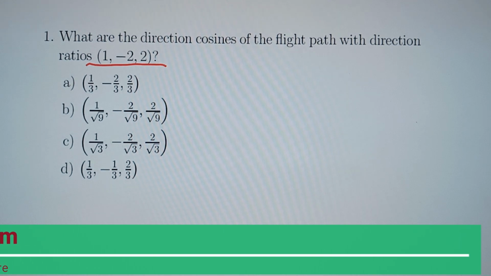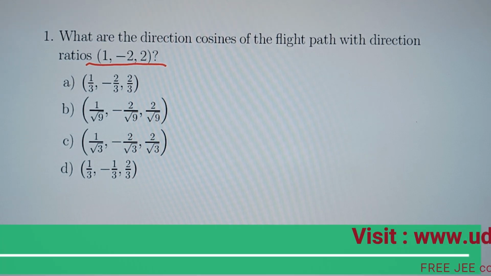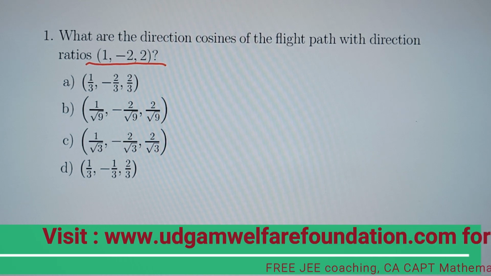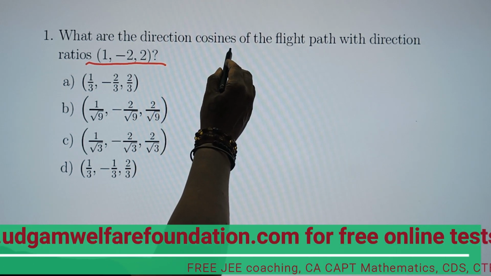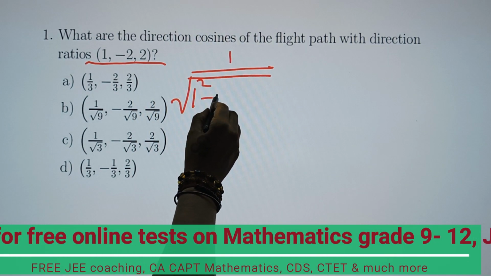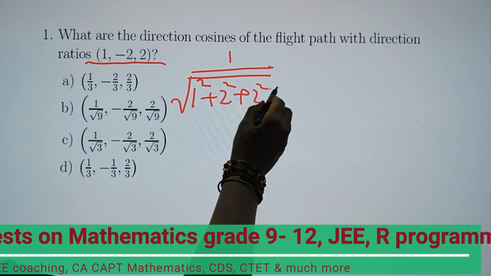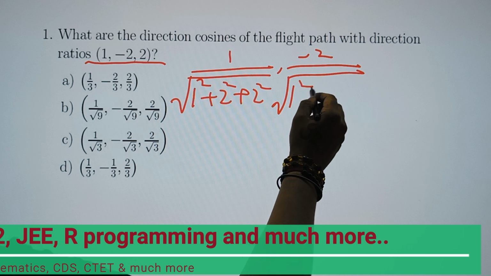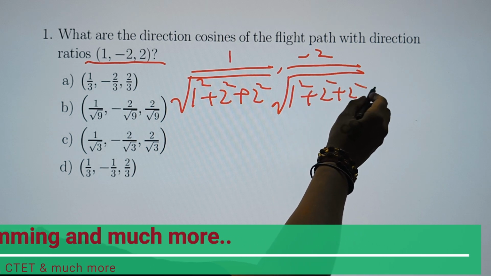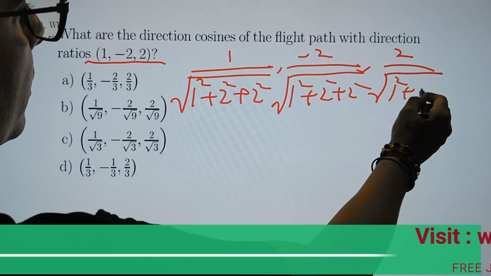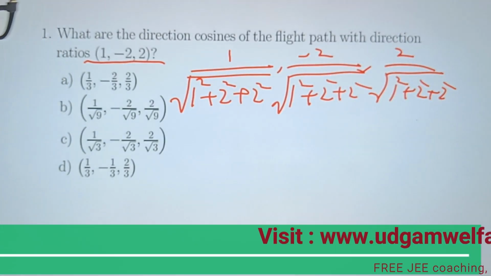As we have discussed in our previous case study, and also mentioned this formula in the present case study, we can easily find it using this formula: 1 over root over 1 square plus 2 square plus 2 square, similarly minus 2 over root over 1 square plus 2 square plus 2 square, and 2 over root over 1 square plus 2 square plus 2 square.